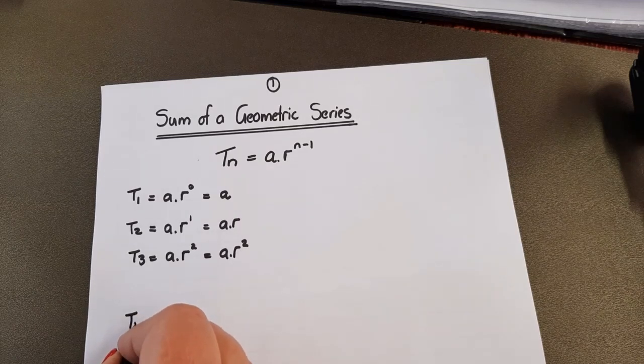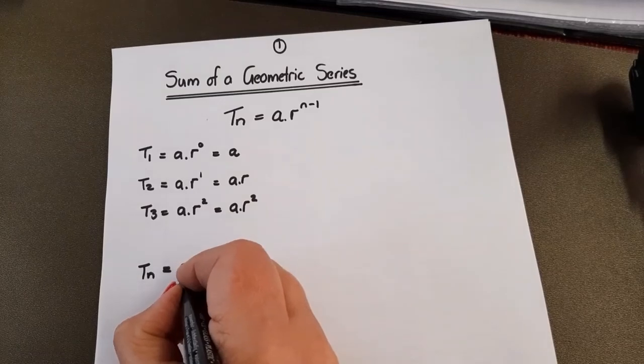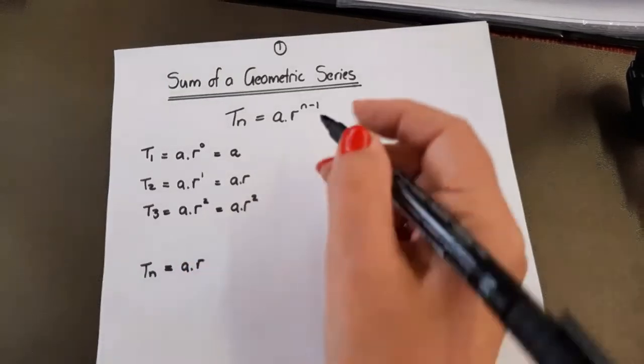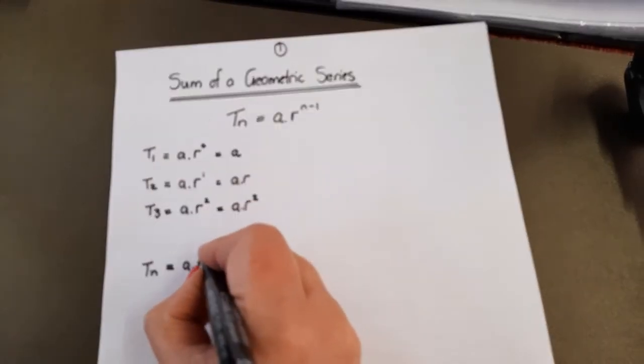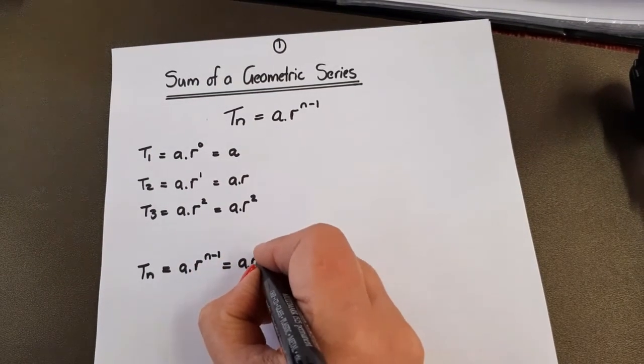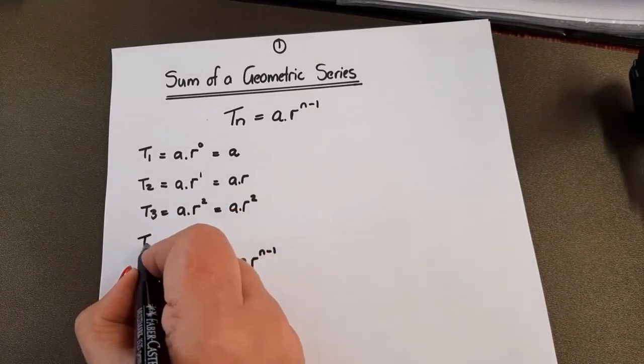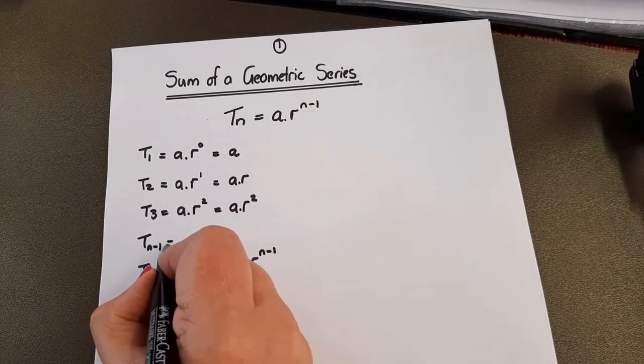If we look at the nth term, it will be a times r to the power of n minus 1. And we get ar^(n-1). What will happen to the term just before n? That will be term n minus 1.